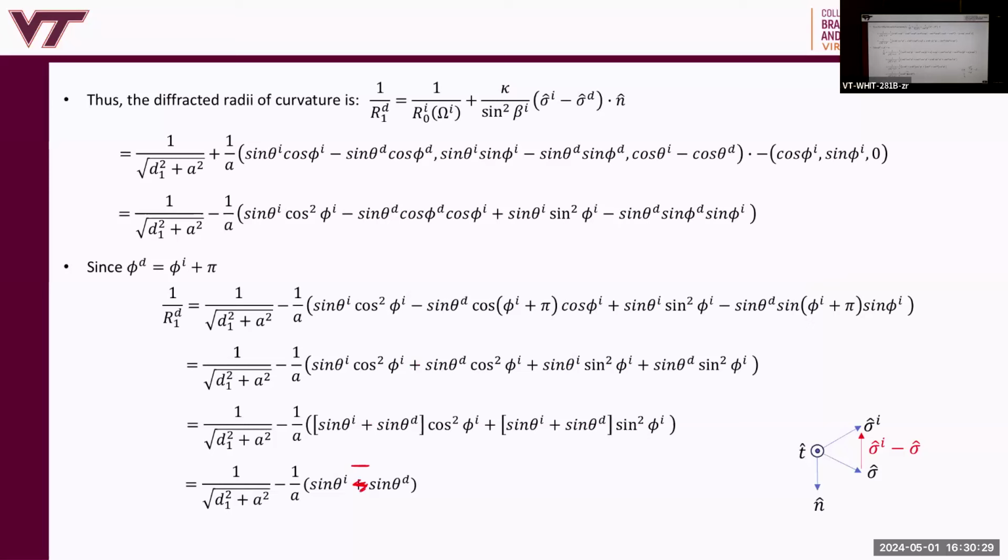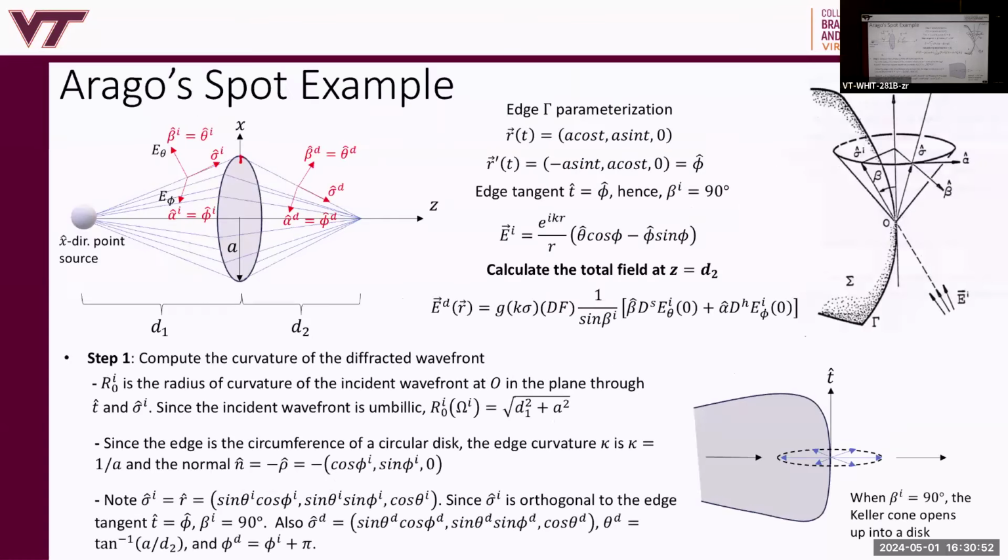All right. So let's see what we're saying here. Here's the edge tangent at the top of the disk, right? Coming out of the board. Here's the normal. And here is sigma, which is the diffracted ray. And here's sigma incident, which is the incident ray. So is this clear, this drawing? Yeah? This represents the situation here at the top.